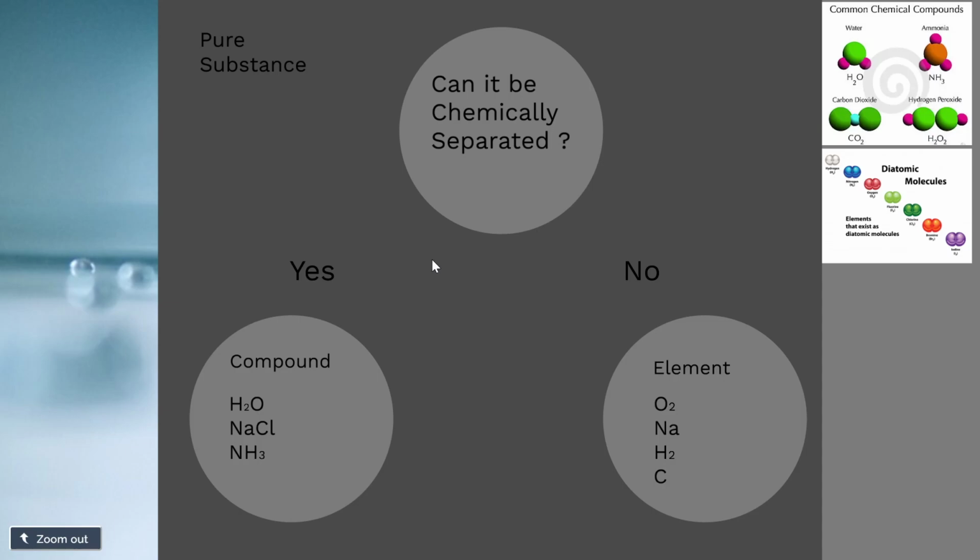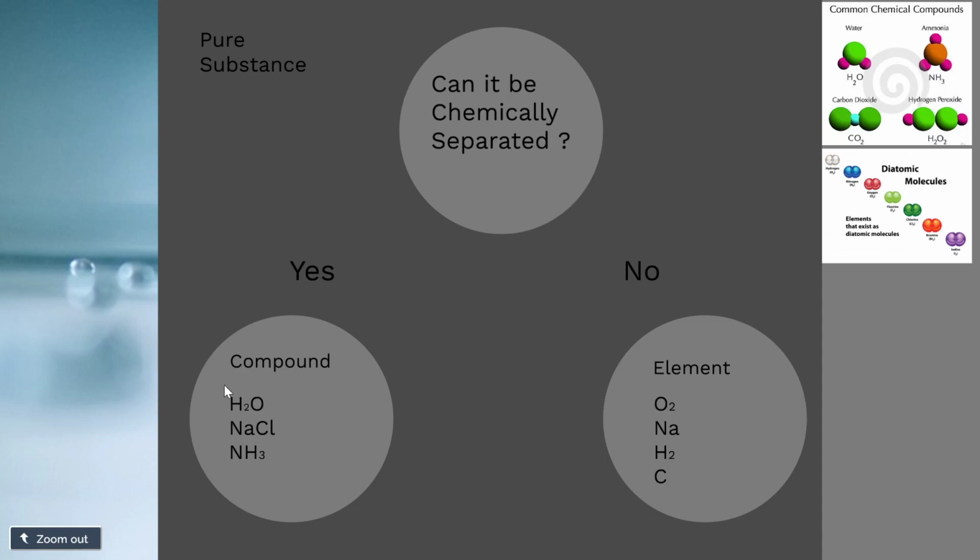Can I do a chemical experiment with it and separate it out into smaller pieces? If you cannot, that's going to give you no. If you can, that's going to give you yes. And if it's yes, that means that it's going to end up being a compound.